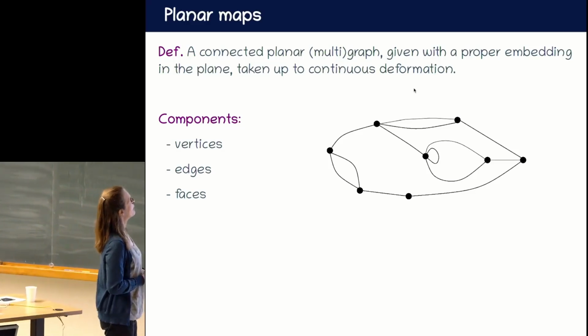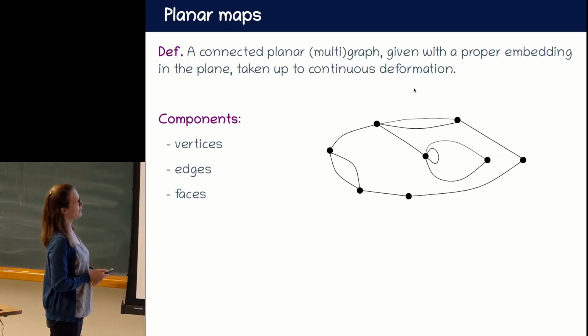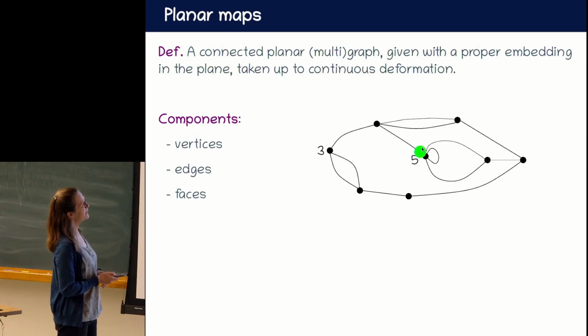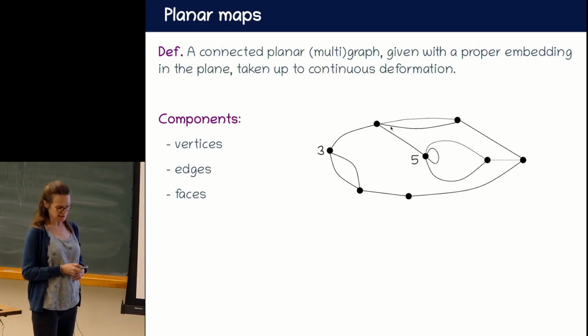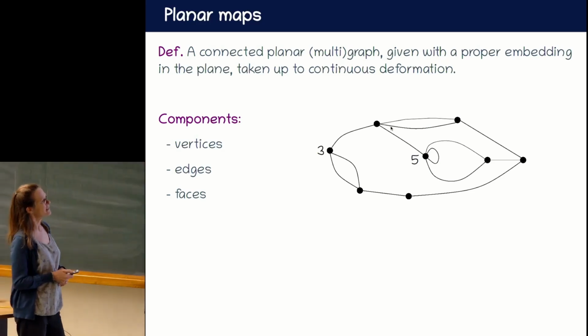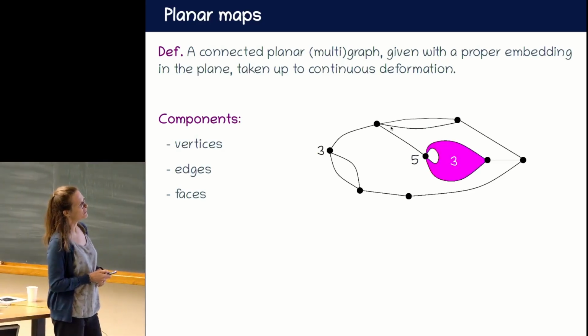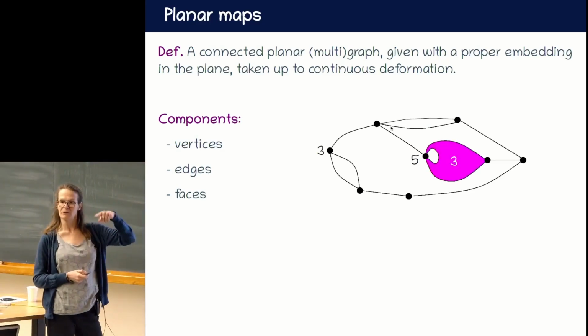So in a map, you have vertices, which have certain degrees, like here 5, because the loop counts twice. You have obviously edges, and you also have faces, which have themselves a certain degree, which is the length of the boundary, here 3.